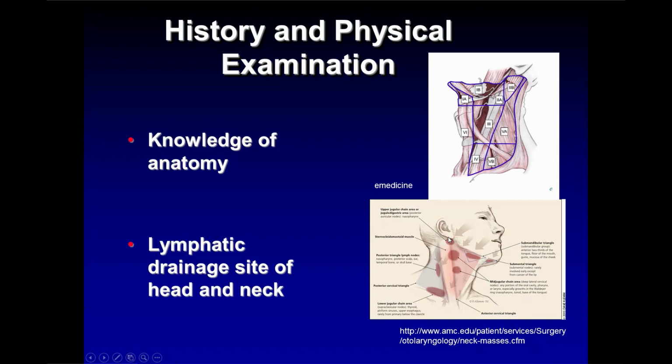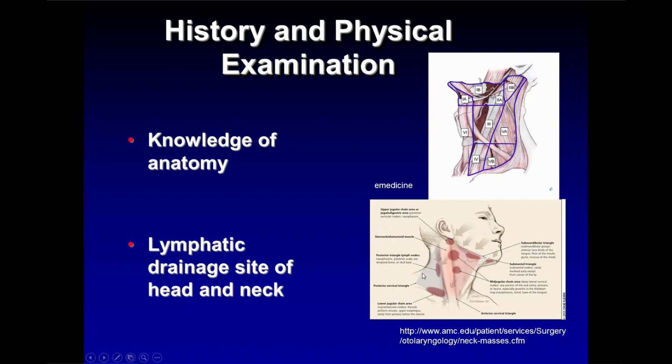This area here, level 2, the more posterior aspect of it, tends to be more of the nasopharynx. That's all the way in the back of the nose. And this area here tends to be a majority of the upper aerodigestive tract malignancies. That's the larynx, the pharynx, the oral cavity, oropharynx, all have the potential of spreading to that location.